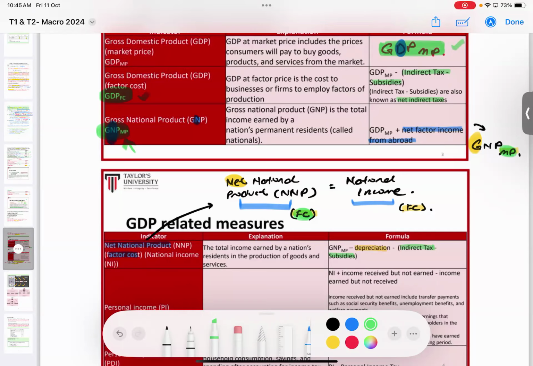So remember, when the midterm asks you national income, I'm actually asking you for net national product. If a question does not specify factor cost, it's just market price, then you just minus depreciation only. So see properly what they ask for in the midterm.